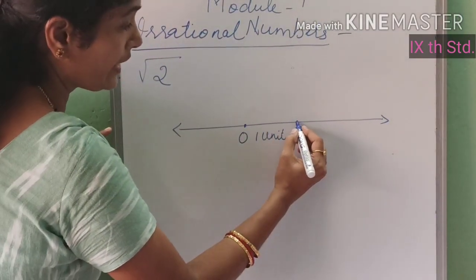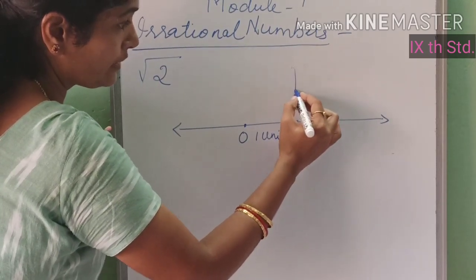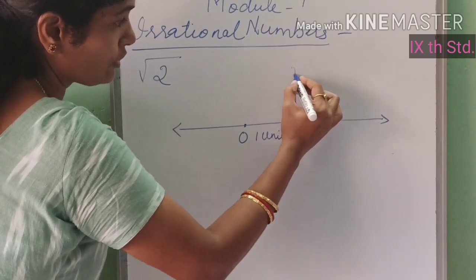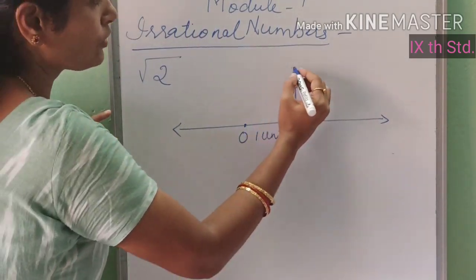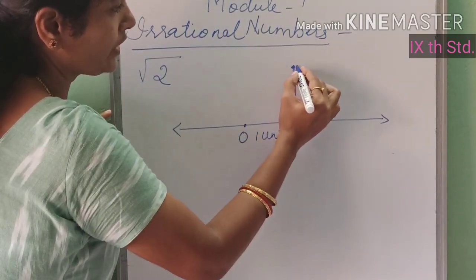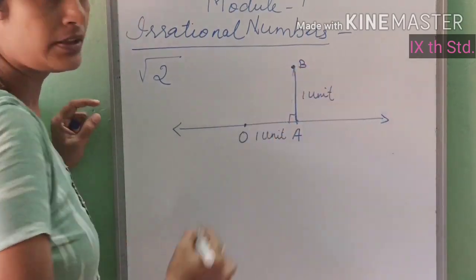Then again at A, you draw a perpendicular of 1 unit. This is 90 degrees here. A to B is 1 unit.